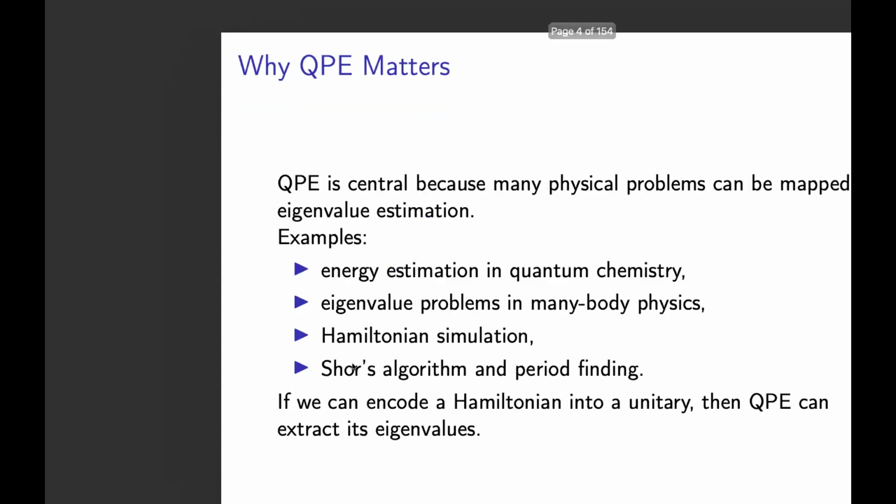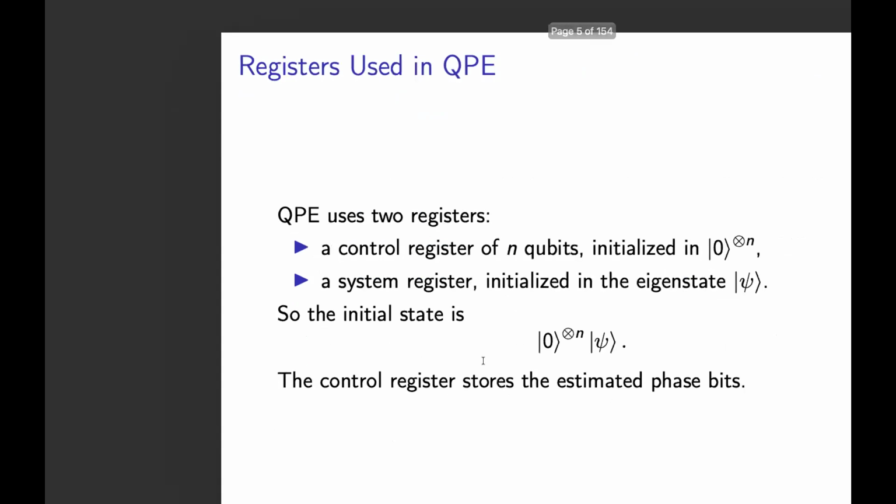Then, as we mentioned last time, it's a central algorithm in many physical applications: energy estimation in many-body physics, Hamiltonian simulations. Shor's algorithm is very important, and obviously the HHL algorithm, which we will discuss in more detail today.